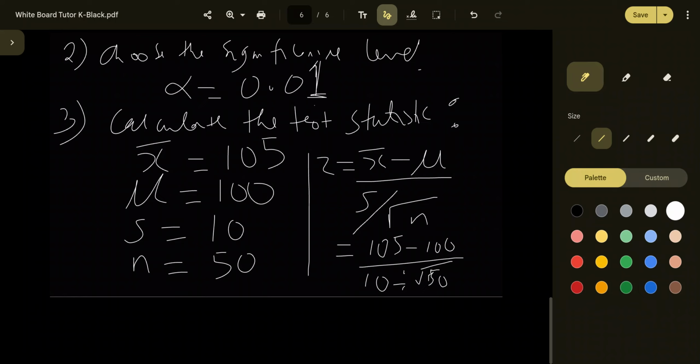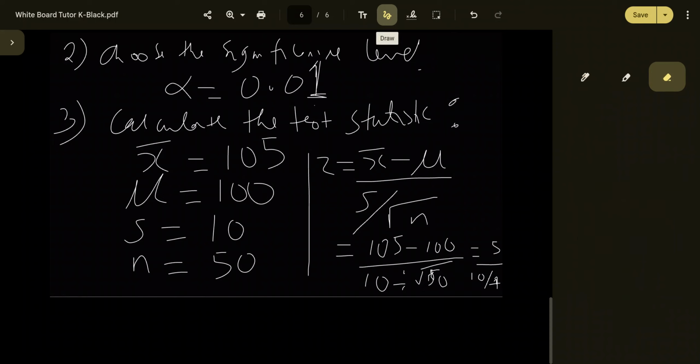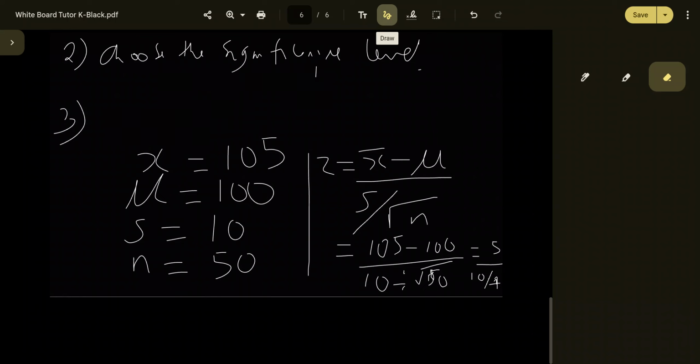So in this case, you are going to have 5 over 10 divided by the root of 50. Use your calculator to find the square root of 50. You simply get 7.07. So you get 7.07 here. Let me just erase here so that we can solve nicely.